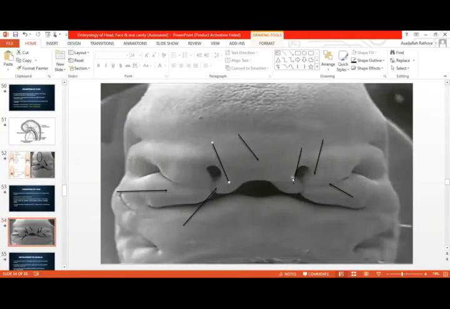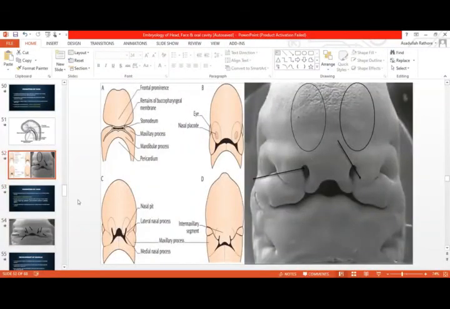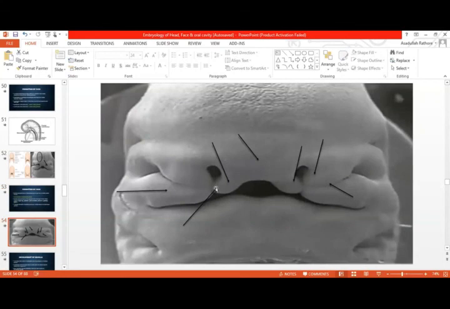जब ऑपोजिट जो दोनों मीडियल नेजल प्रोसेसेस हैं ये फ्यूज करेंगे तो ये एक तो आपकी टिप ऑफ द नोज बनाएंगे और क्या बना देंगे, फिल्ट्रम ऑफ अपर लिप एंड द मीडियल पार्ट ऑफ योर अपर लिप रीजन, ठीक है। यहाँ पे उसने लिखा हुआ है अपर लिप, फिल्ट्रम एंड पार्ट ऑफ द मैक्सिला दैट इंक्लूड्स द इंसाइजर एंड प्राइमरी पैलेट रीजन, ठीक है। उसके बाद क्या होता है कि ये जो आपका लेटरल एस्पेक्ट है ऑफ द medial nasal process or maxillary process, these fuse together to form the lateral aspect of your upper lip, ठीक है.